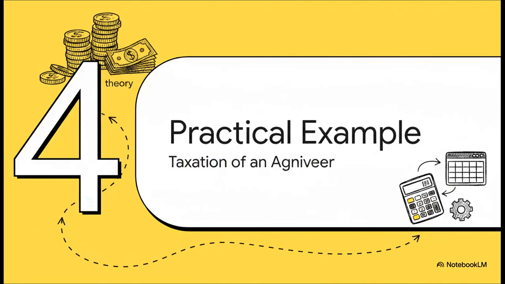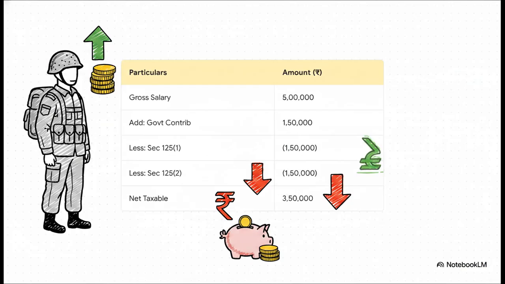Let's translate this legislation into reality and look at a practical tax computation. Let's say an Agniveer has a base gross salary of 5 lakh rupees. Over the course of the year, the government makes a matching contribution of 1,50,000 rupees to the corpus fund. Now, pay attention here. As per Section 2(l) of the new Act, this government contribution must first be added to the gross salary.